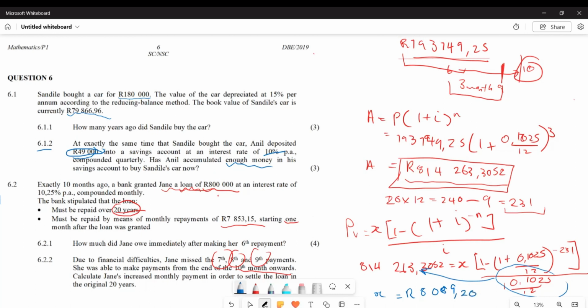This must be her new monthly installment, so that she can be in a position to settle the loan in the record time of 20 years again.